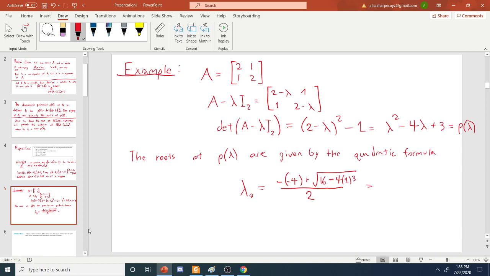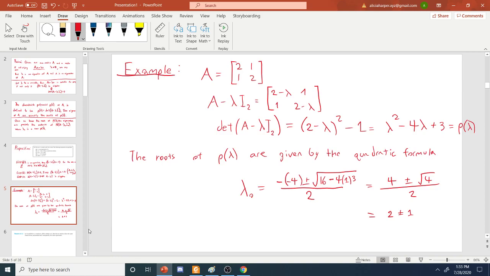So this is the same thing as 4 plus minus the square root of 4 divided by 2, which is the same thing as 2 plus minus 1.